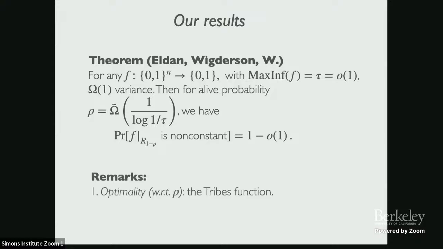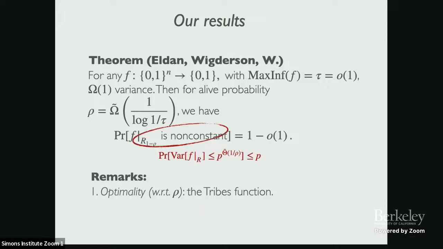This already tells you that the theorem is optimal with respect to the allowed probability, because the tribes function is computed by AC0 circuits. Therefore, using Håstad's switching lemma, if you set the allowed probability to be order of 1 over log n, you are going to get a constant function with high probability. You can also calculate this probability on your own.